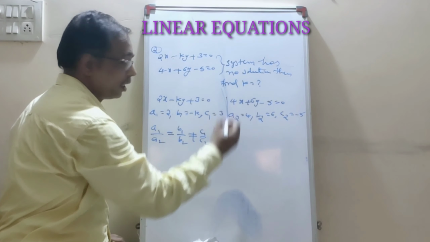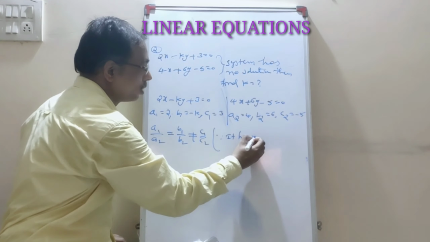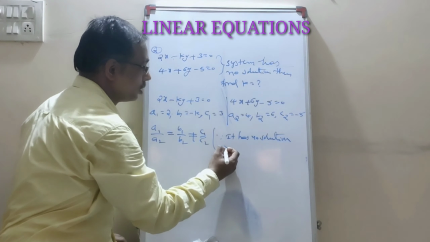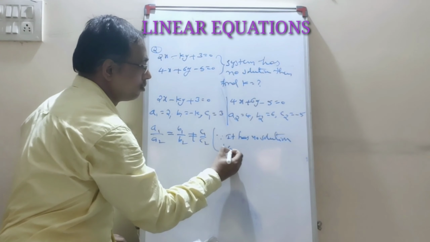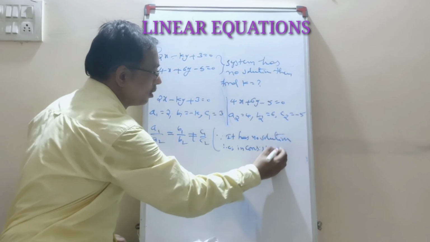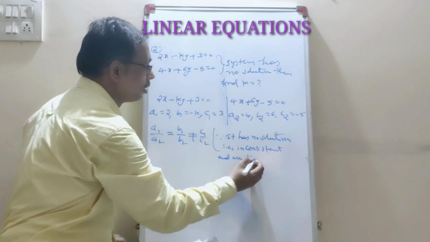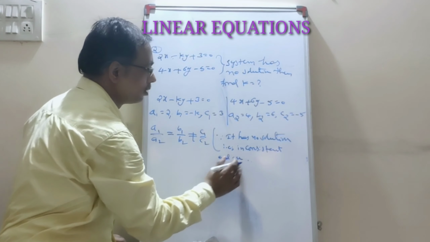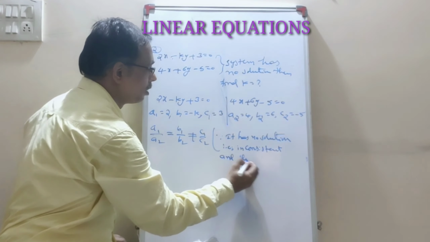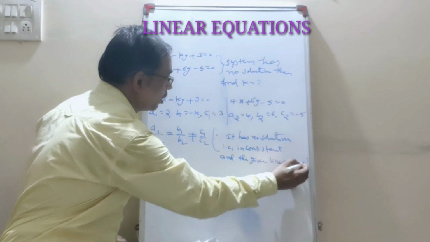The system has no solution. Since it has no solutions, it is inconsistent and the given lines are parallel.